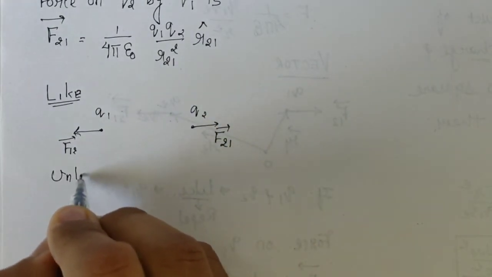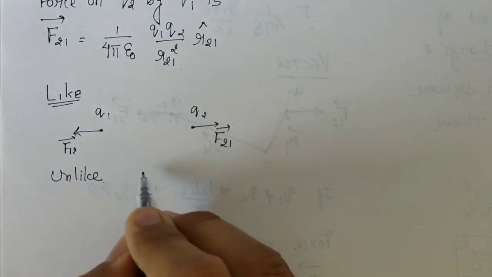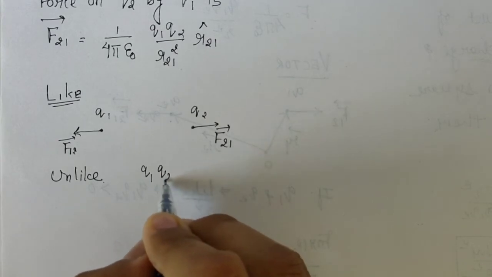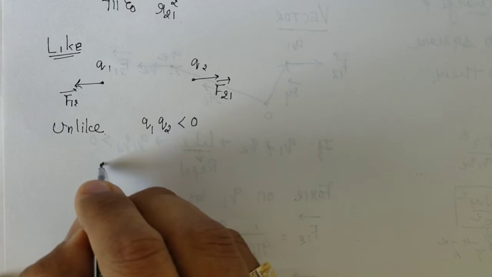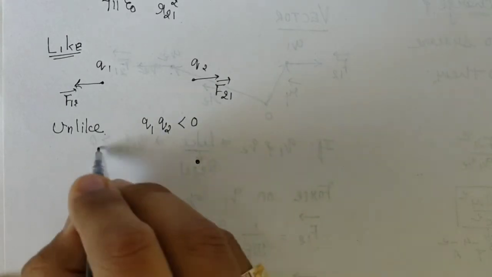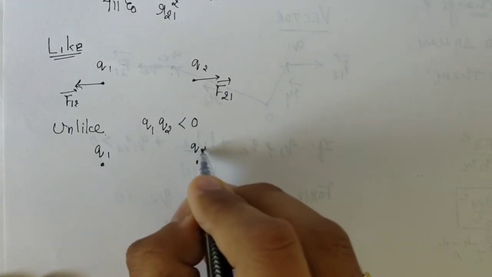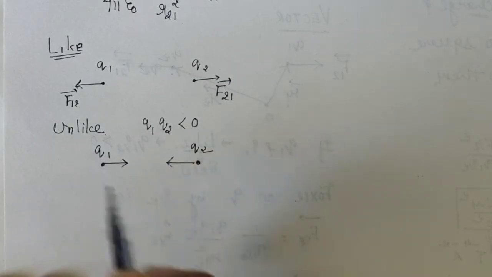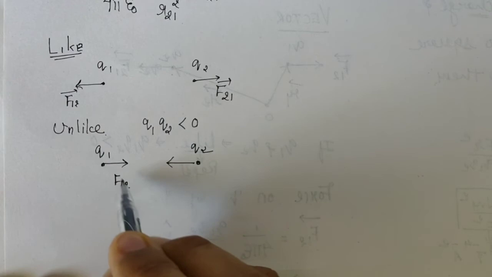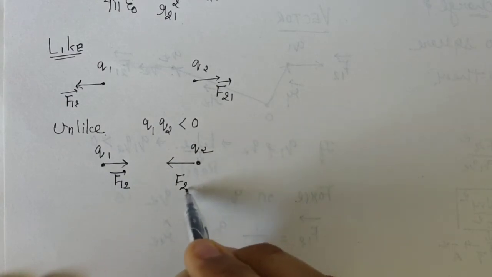And for unlike charges, where the product is less than 0, forces are attractive type, therefore they are in inward direction, F12, F21.